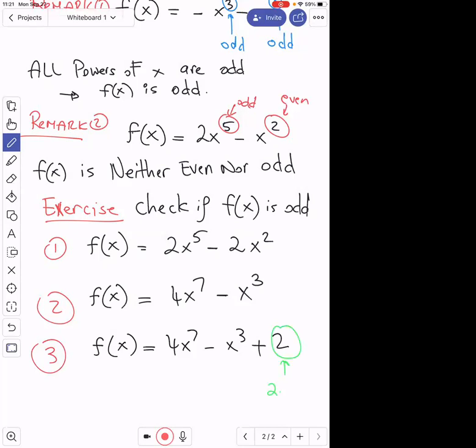When you have a constant, you have an even power there, because it's like 2 times x to the power of 0, and 0 is even. So first is neither, correct. Then odd, correct, but the third one is actually neither.